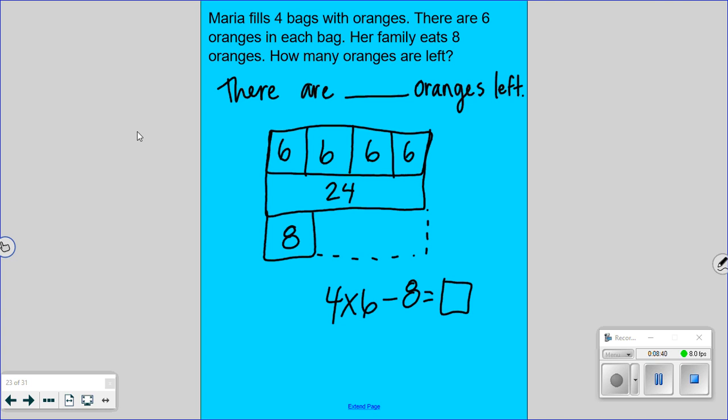I'm going to rewrite my equation with the new knowledge that Bowen gave me. Because I know 4 groups of 6 is worth 24, I'm going to change that out. And now I've got 24 minus 8 equals mystery. 24 minus this chunk of 8 is going to give me my mystery.